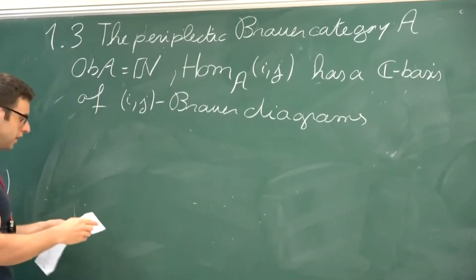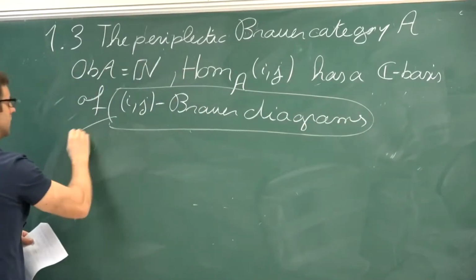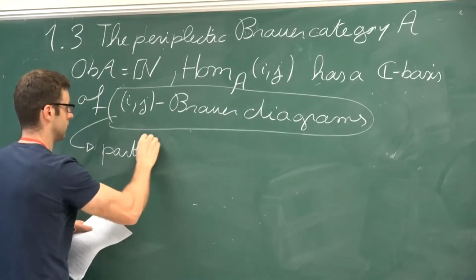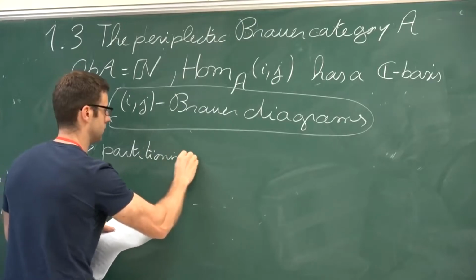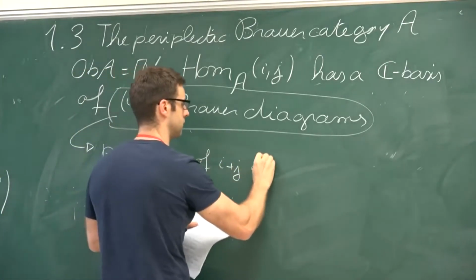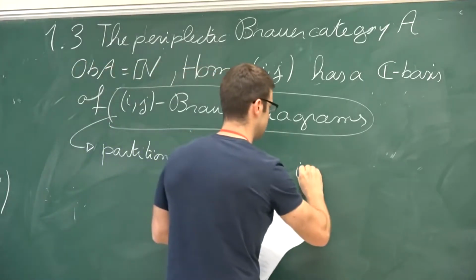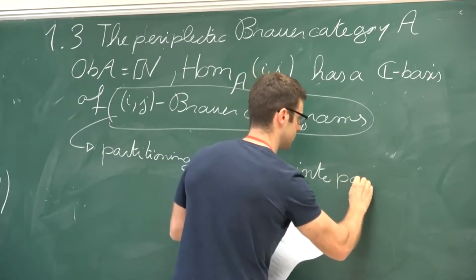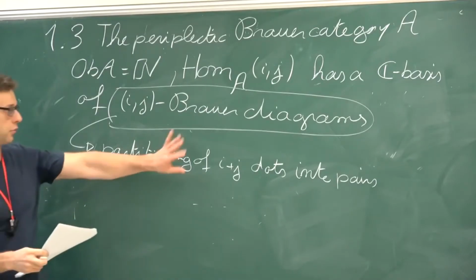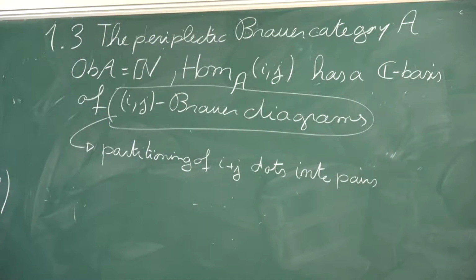So the i,j Brauer diagrams are just a partitioning of i plus j dots into pairs. A priori this only depends on i plus j, which is good for this type of morphism, of course.